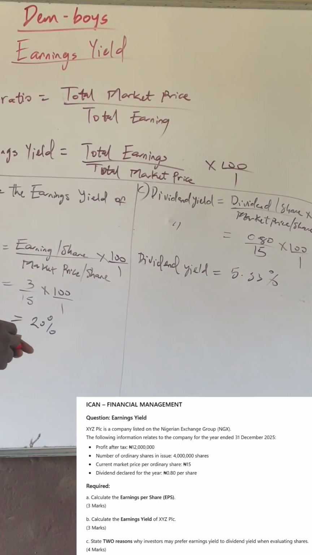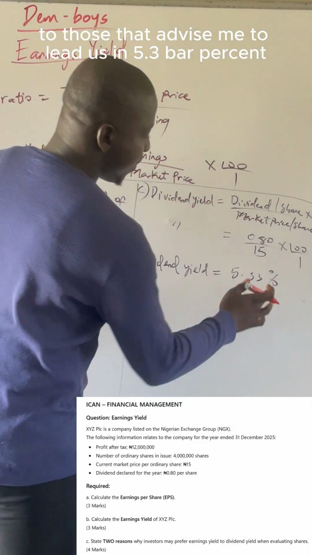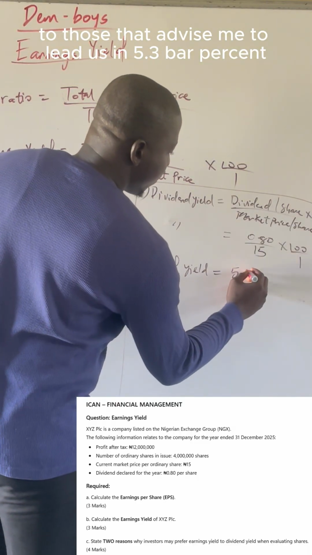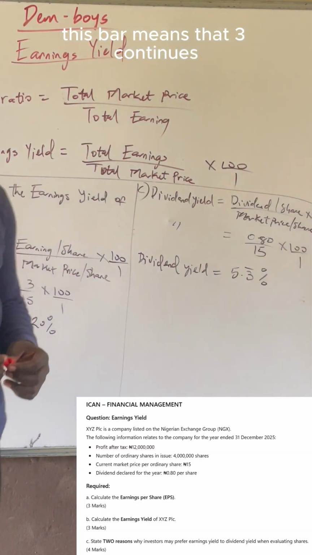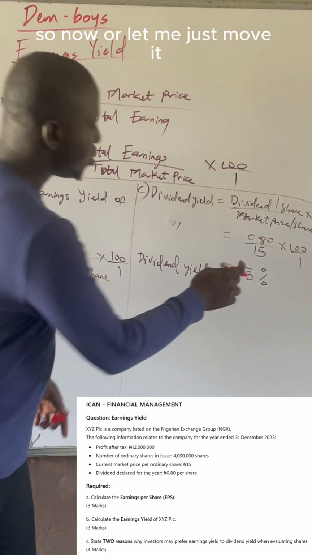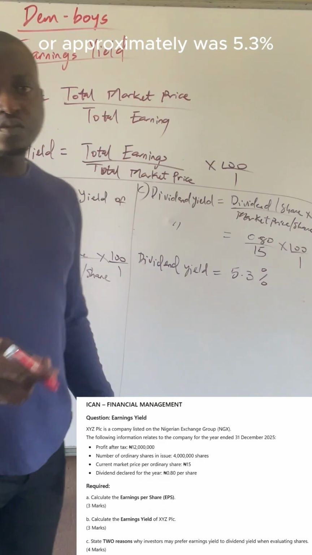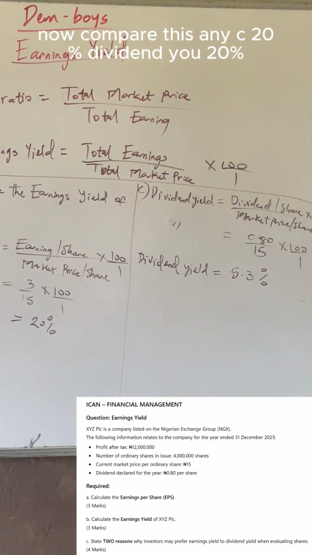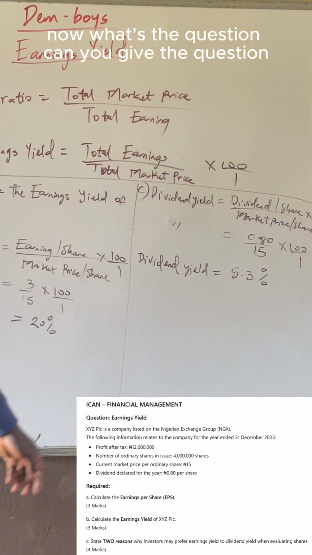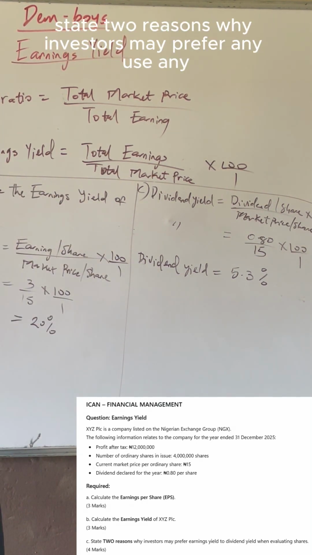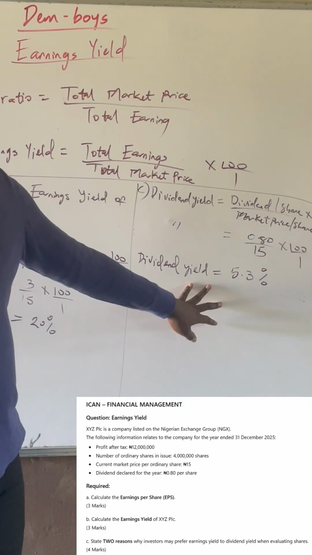Or approximately 5.3%. Now, compare this earnings yield of 20% with the dividend yield. The question is: state 2 reasons why investors may prefer earnings yield to dividend yield when evaluating shares.